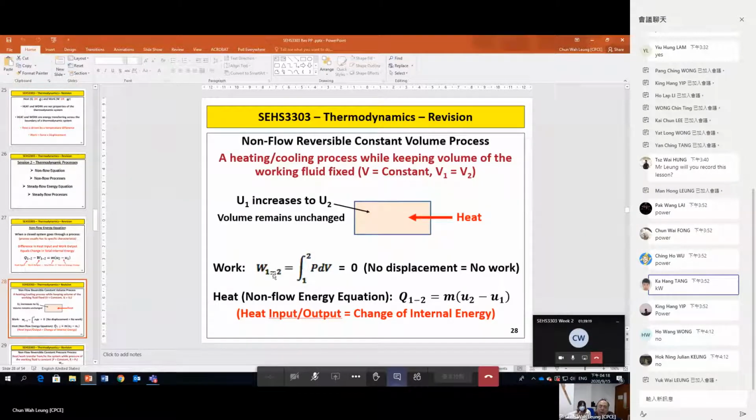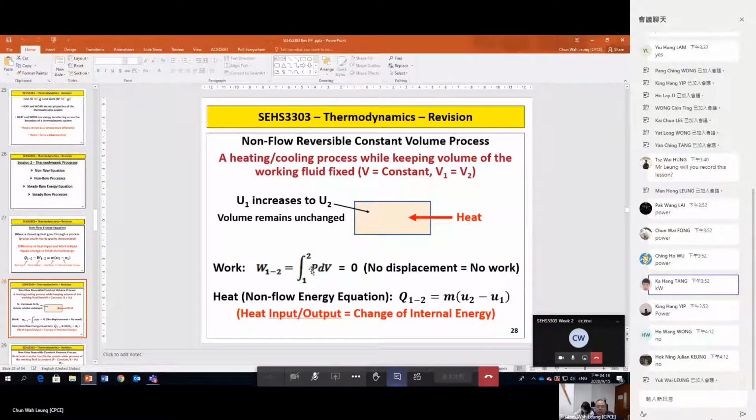the work during this, throughout this process, is W1 to 2. W is work. 1 to 2 is from point 1 to point 2. It can be given by this simple equation. Integral of P dV from 1 to 2.